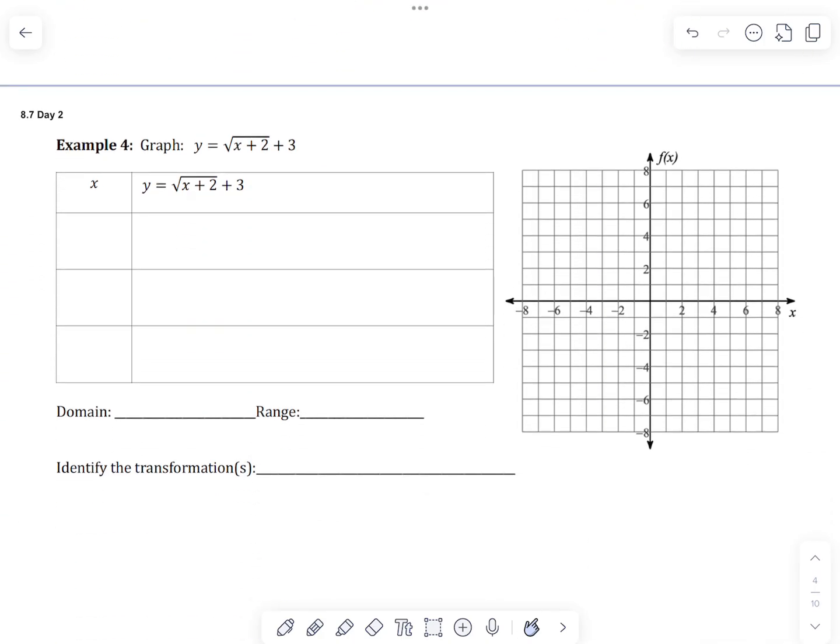All right, here's another one. We're going to go ahead and evaluate the function this time. I'm going to choose, highlight this, this is telling me it's going to go to the left 2. So when I choose my first x value, I'm going to go left 2 and evaluate it.